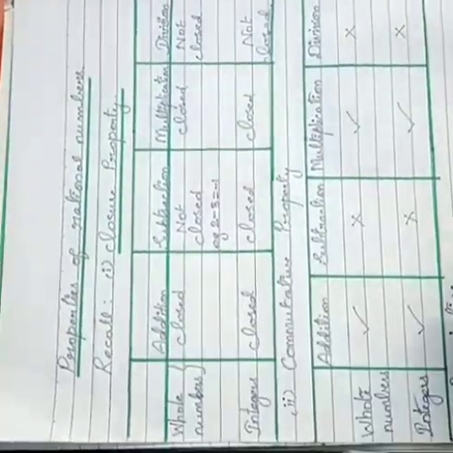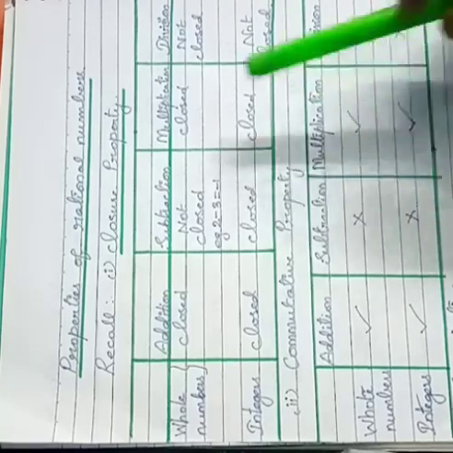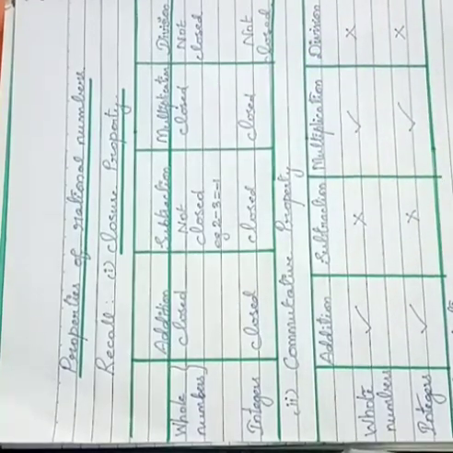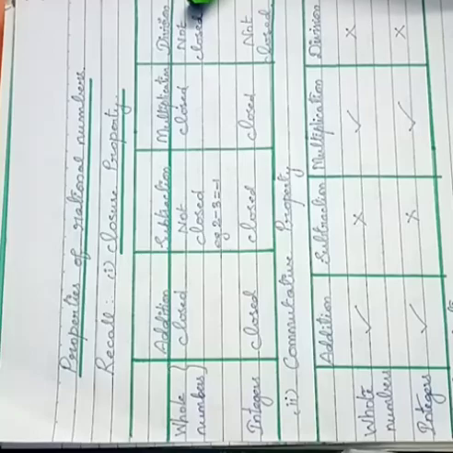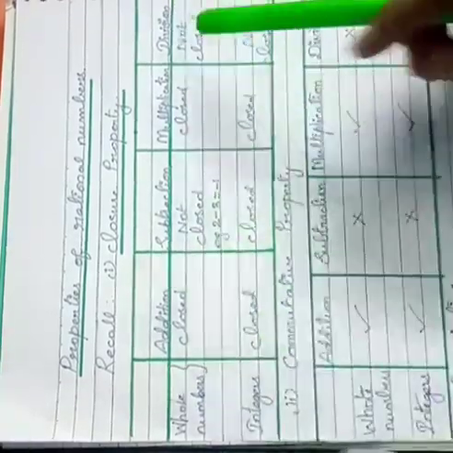When you come to multiplication, when you take any two whole numbers and multiply them, again the number you get is a whole number. When we talk about division, whole numbers is not closed under division. The same reason: when you consider two whole numbers and divide one by the other, the resultant number is not included in the whole numbers.